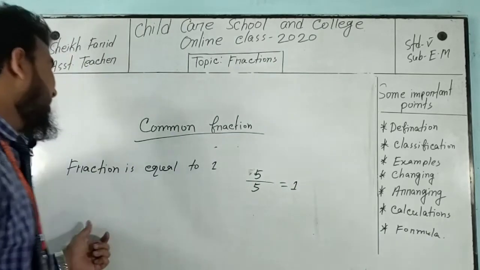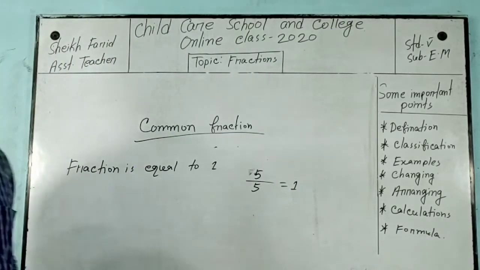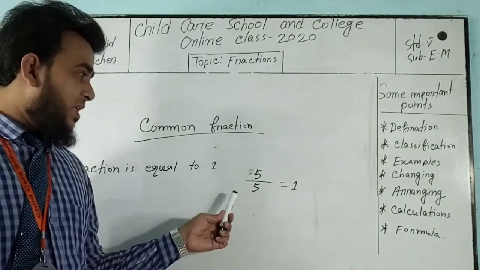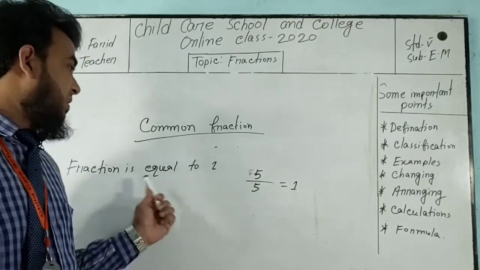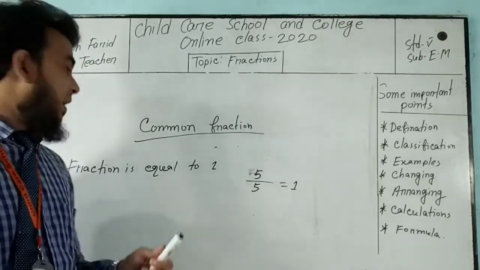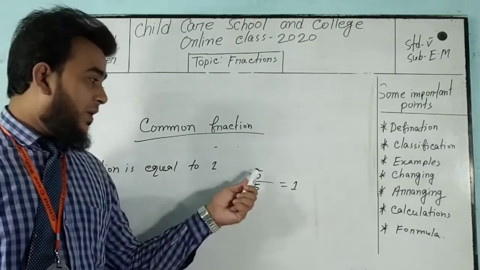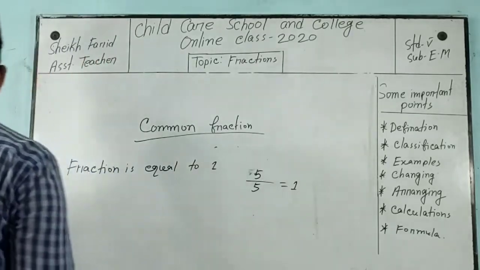So if anyone asks for a fraction equal to 1, we can realize that the fraction must have equal denominator and numerator, and this type of fraction's result is 1.